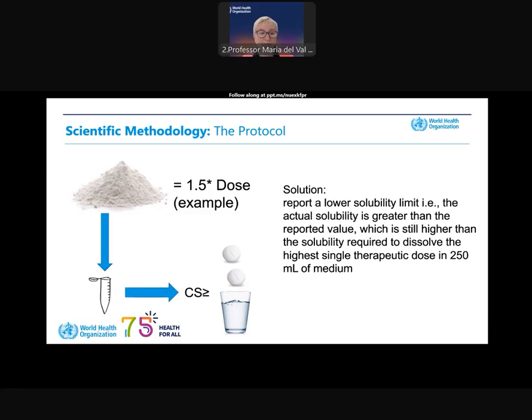So in this case, in the selected volume of media to perform the solubility experiments, we ensure that at least the dose, and in general a higher amount, let's say 1.5 times the dose or twice the dose, is soluble in the selected volume.